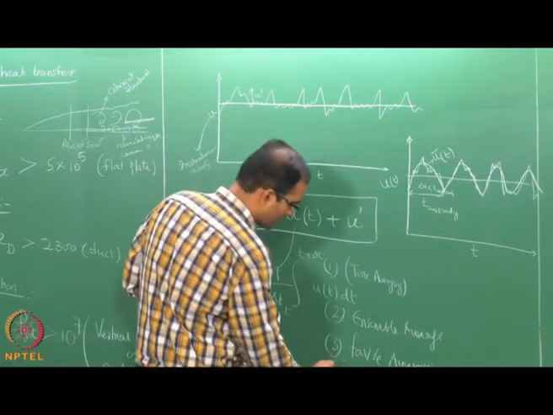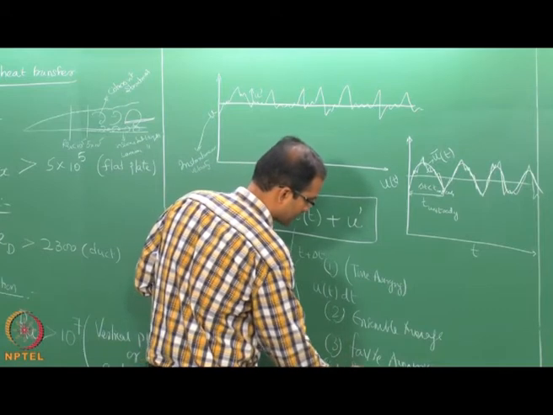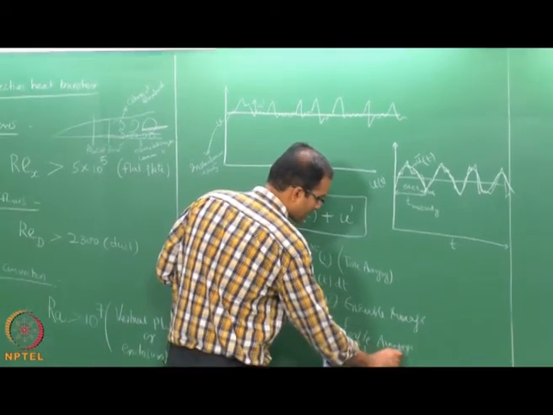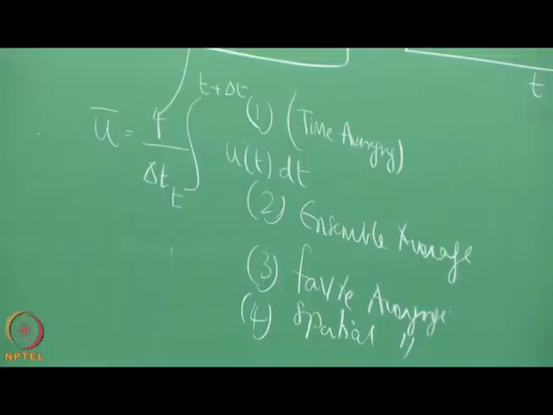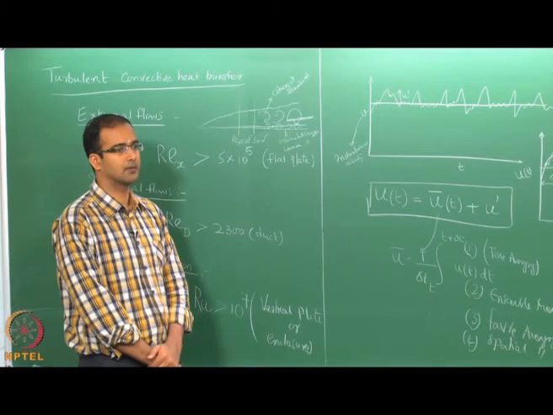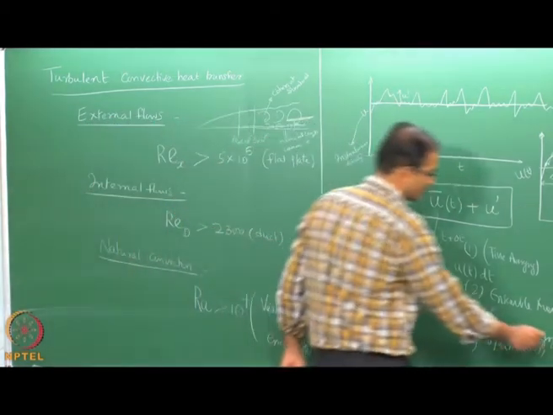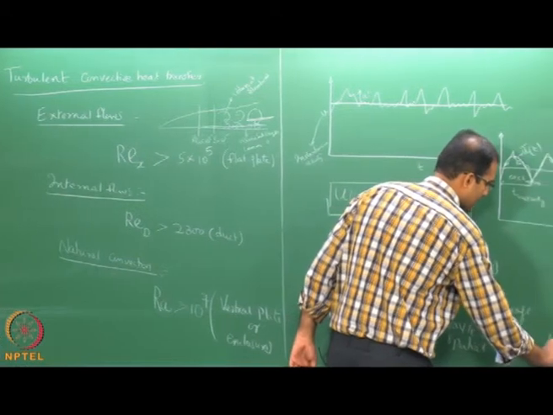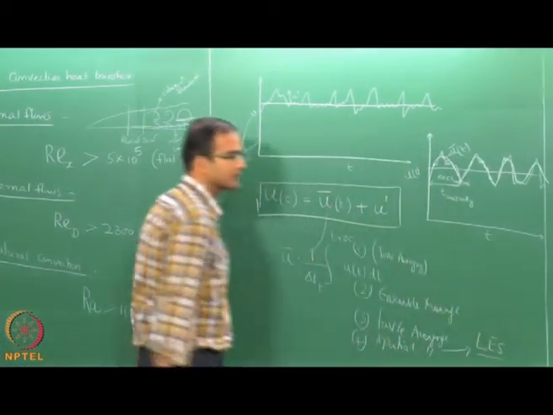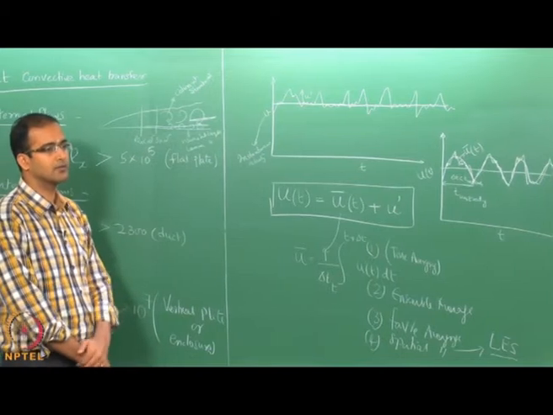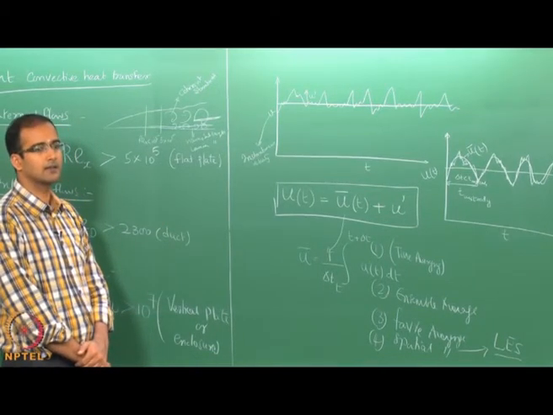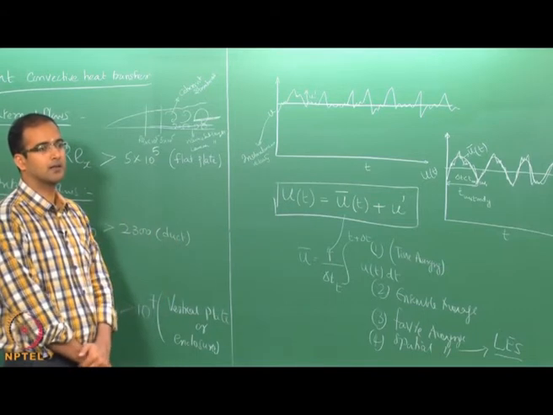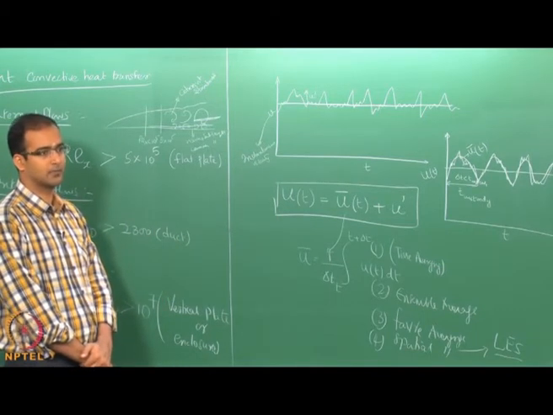You can also do what is called spatial averaging. You can use a filter which is not time, but the grid size, for example. This is typically done in what is called large eddy simulations. So, you use a spatial filter which is actually the grid size, which can resolve the smallest eddy possible.